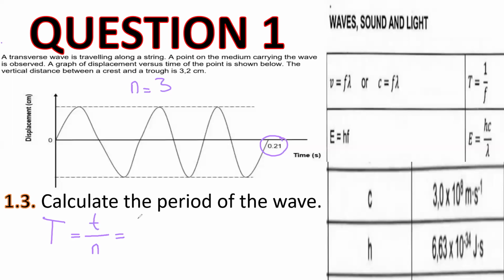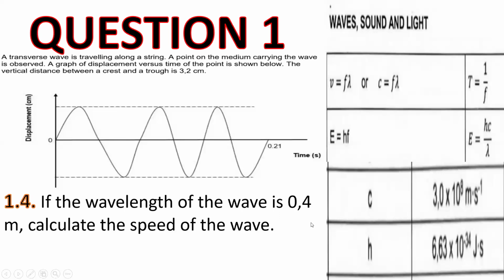Our total time is equal to 0.21 seconds over number of waves is 3. So you are getting 0.07 seconds. Please don't forget to write unit. If you forget unit, unfortunately, you are losing your mark. Okay, you can use this method to calculate period. 1.3, done. Let's continue with next one, 1.4.